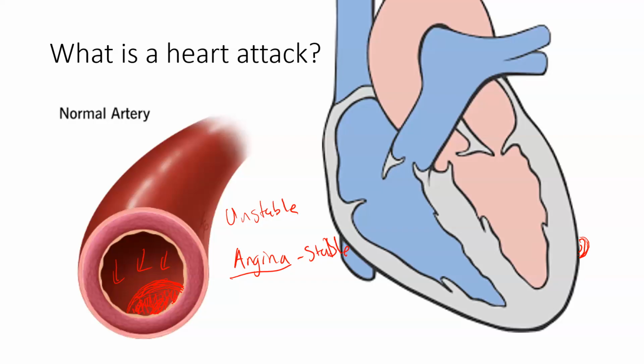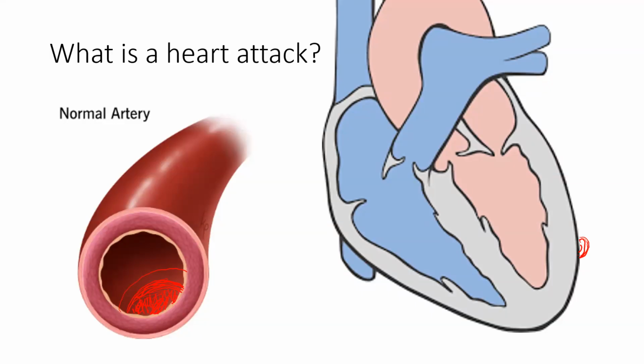But in saying that, as the plaque gets bigger and bigger, something happens. And that's why it's often a very quick process. You get a bit of angina and then suddenly everything falls through the window. The fibrous cap on the top of the plaque, whether due to blood pressure, some traumatic event, or they've really overexerted themselves, rips off.